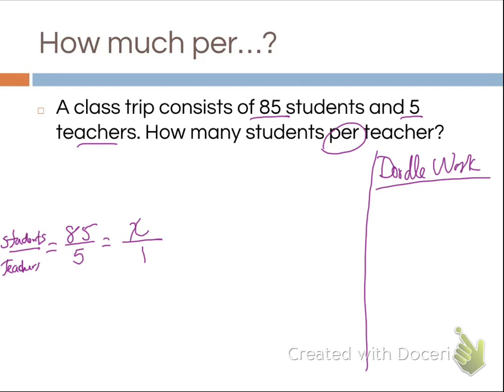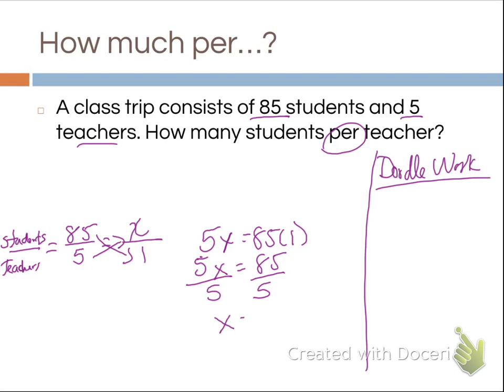So I'm solving for how many students 1 teacher would have to supervise on this field trip. Then we cross multiply and divide. So 5x equals 85 times 1, and we know that 85 times 1 is 85. Then we're going to divide by 5.